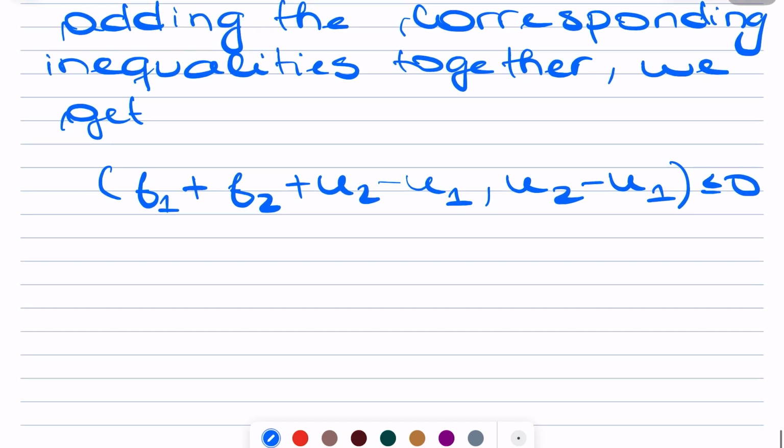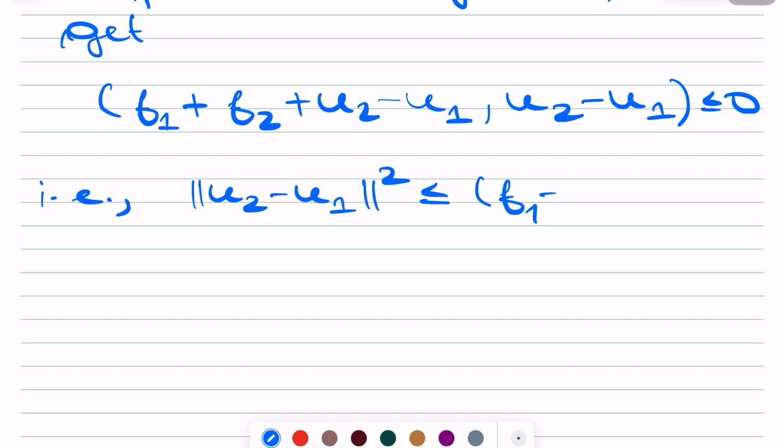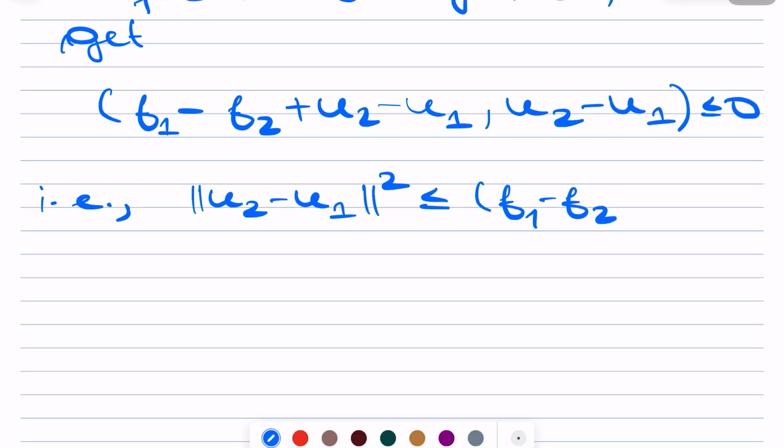Now you use the linearity of the scalar product to get that the norm of u2 minus u1 squared is less or equal than the scalar product of f1 minus f2 and u2 minus u1.